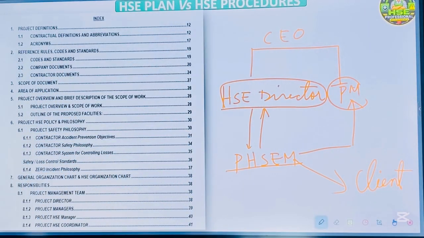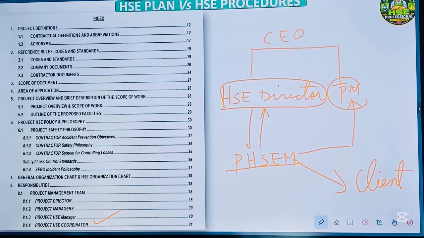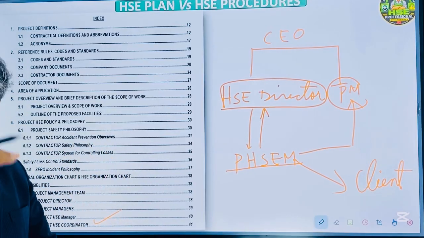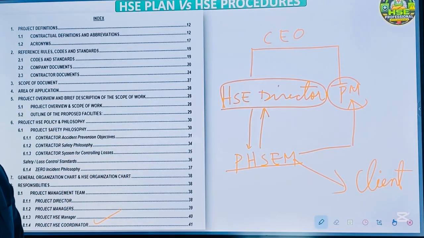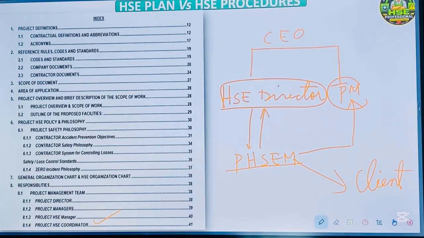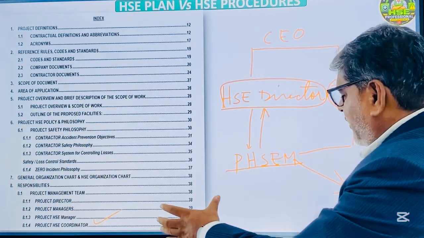Then we can go for project HSE coordinator. He is reporting to HSE manager, and coordinator has some supervisors downside and engineers, even safety officers and relevant team, medic teams somewhere. Now I have just concisely given the information here.